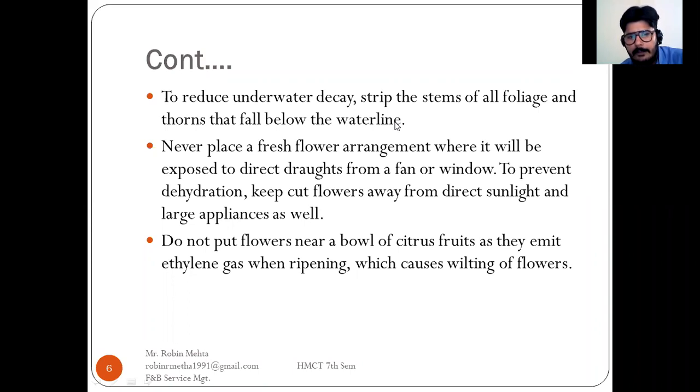To prevent dehydration, keep cut flowers away from direct sunlight and large appliances as well.